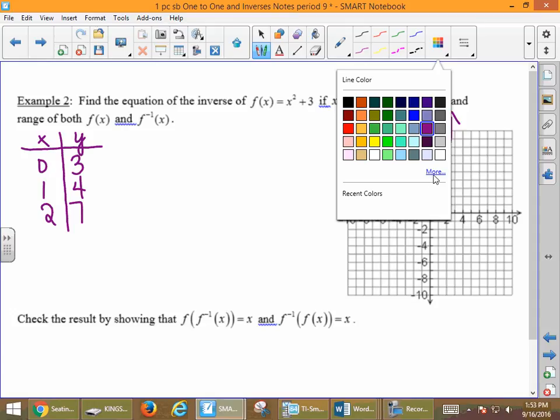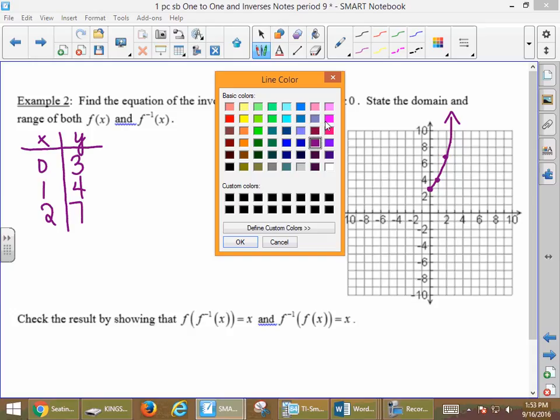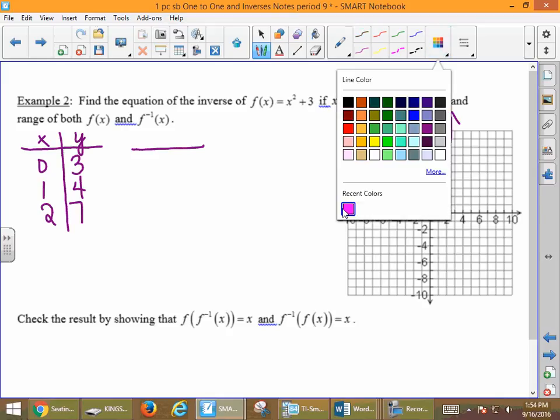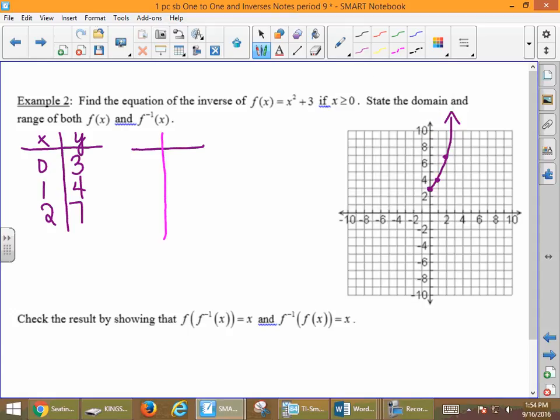For inverse, the x and the y values switch. So when we graph our inverse, we can graph 3, 0, 4, 1, and 7, 2.